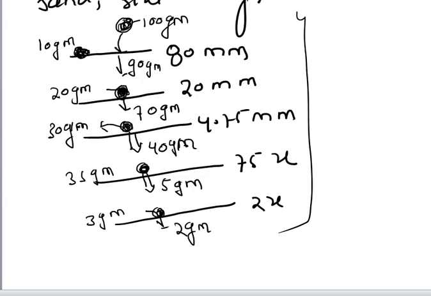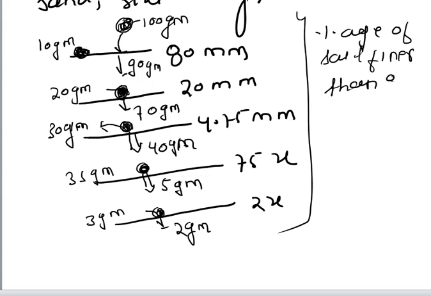Now if you were asked the percentage of soil finer than 80, what will be your answer? It will obviously be 90%, because 90% of the soil has passed.